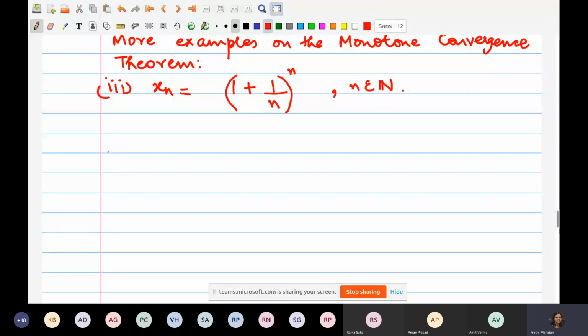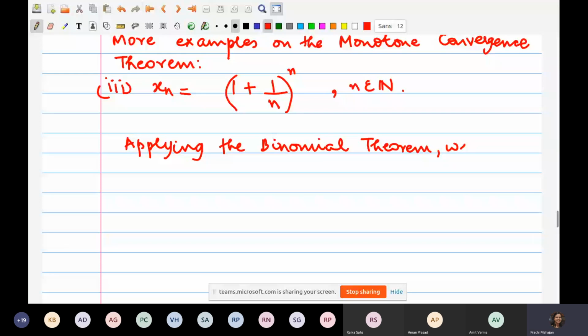Applying the binomial theorem, we see that xn, which is defined as 1 plus 1 by n to the power n, is the same as 1 plus n choose 1 times 1 by n.